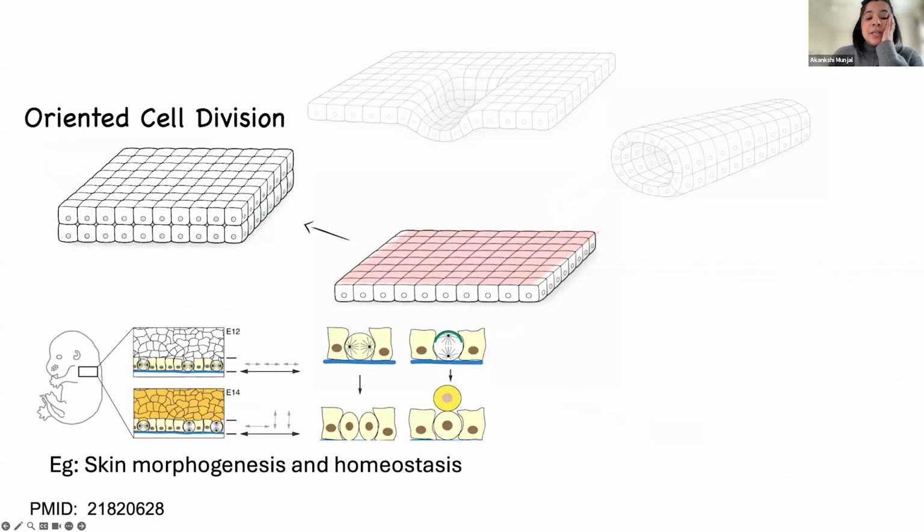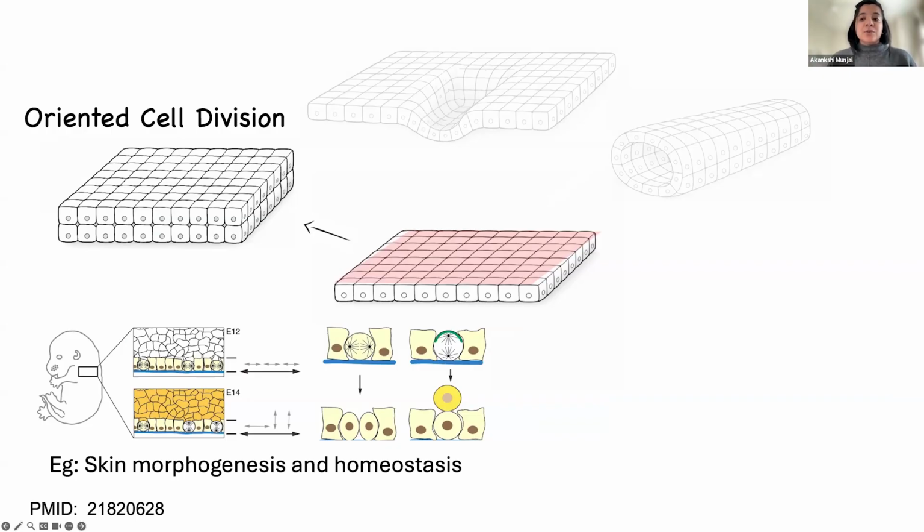Okay. So in another example, if the goal is to expand a tissue without losing its organization, and this is a common feature that happens in adult homeostasis, but it often happens during development.